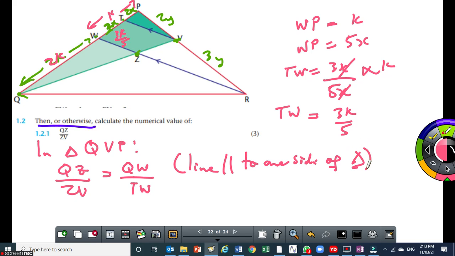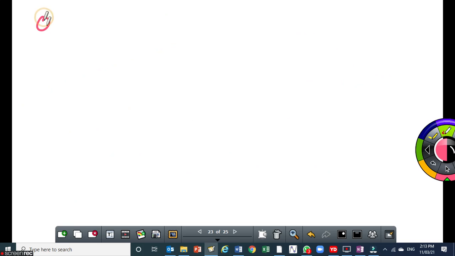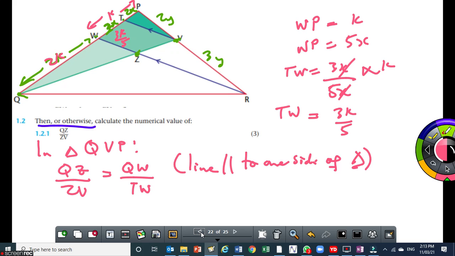Okay. Now I'm going to substitute. Allow me to go to the next page. So I write QZ over ZV. So QZ over ZB is going to be equal to, now check this, QW is equal to 2K. My TW is equal to 3K over 5.